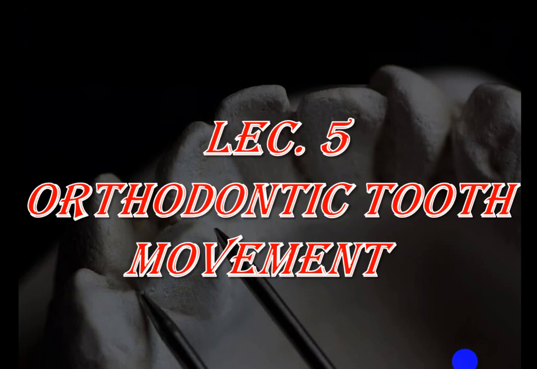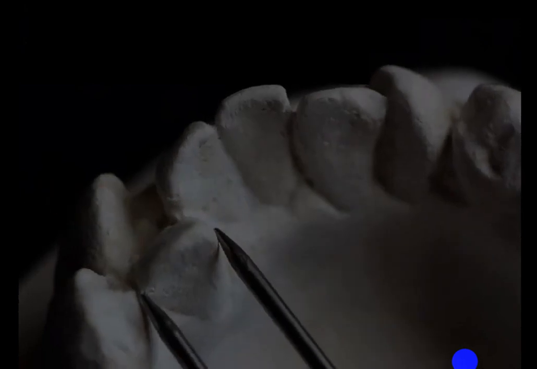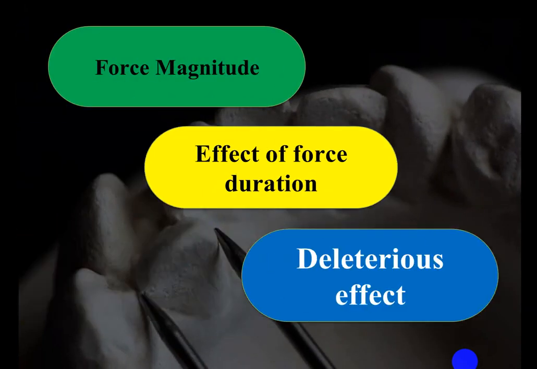Today we will talk about three topics: the effect of force magnitude, or the amount of force, and how it will affect the tooth and its supporting structure if it varies in amount; the effect of force duration; and at the end, the deleterious effect of orthodontic force, if it is present or not, and what will happen to the teeth if it has a deleterious effect.